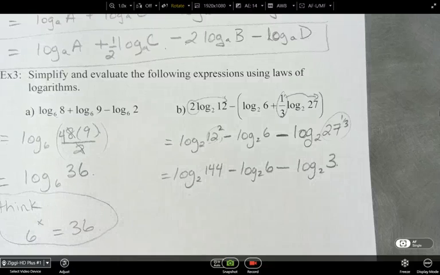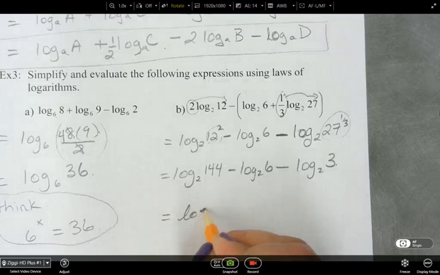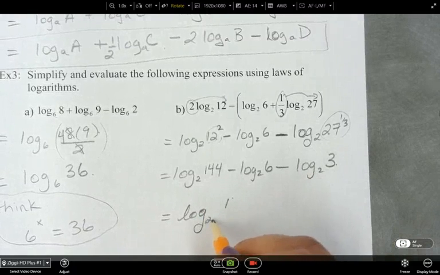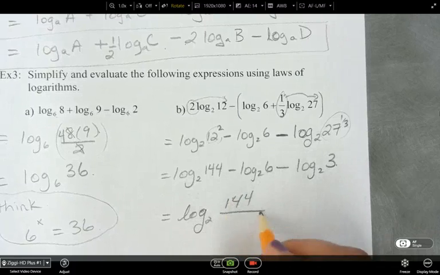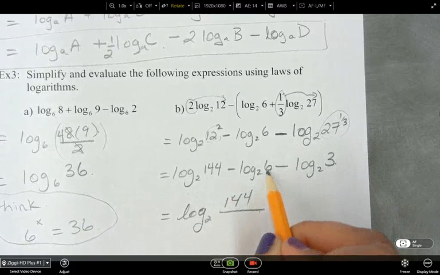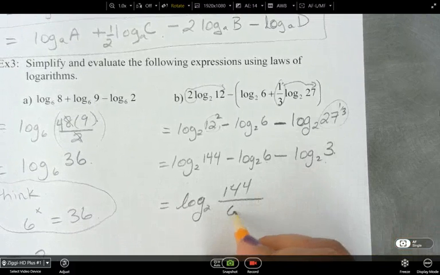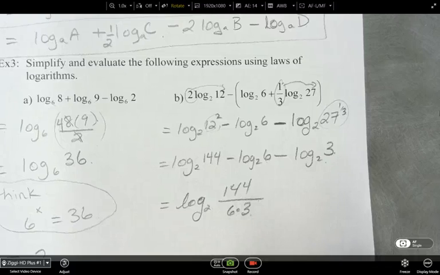Okay, now I can combine all of my numbers together into one log. So I've got one log, and I have 144 on the top here, and then where does the 6 and the 3 go? On the bottom. So I've got 6 times 3.